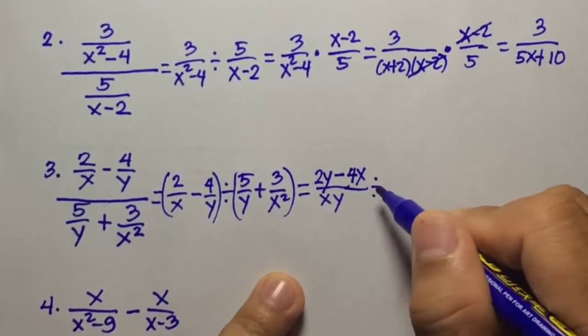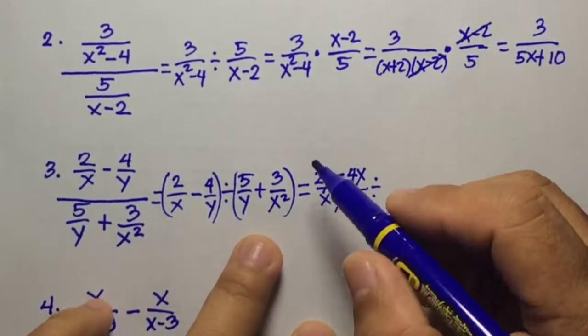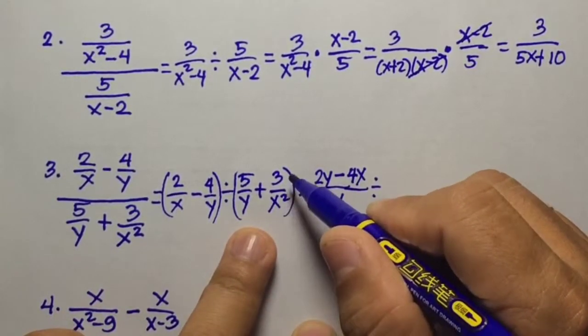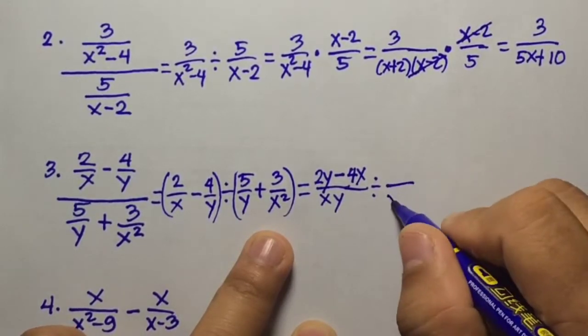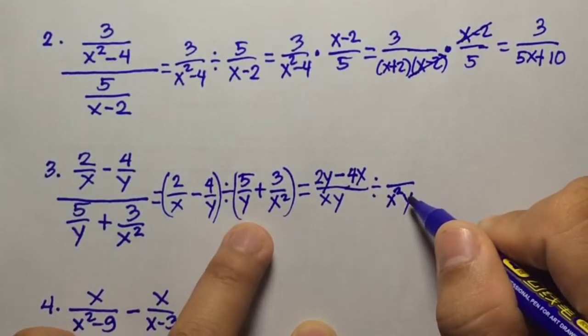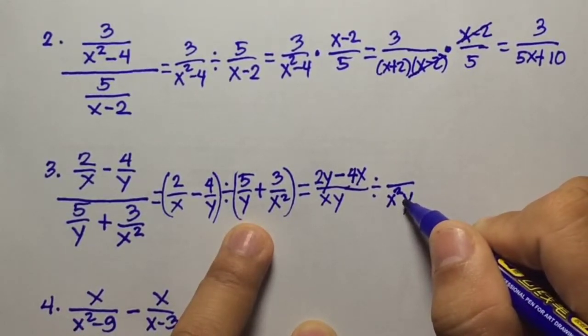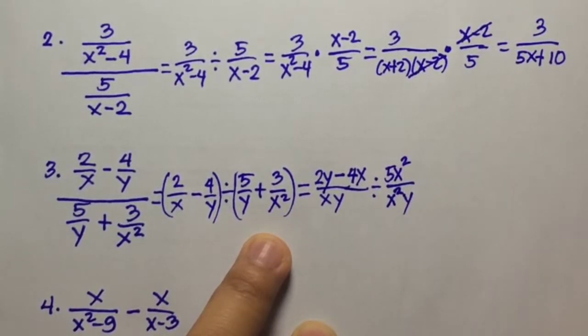Then this is divided by 5 over y plus 3 over x squared. The LCD here is x squared y. Then divide this to the denominator. The answer is x squared times 5, that will be 5x squared.